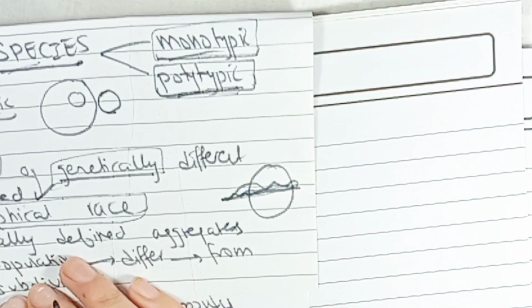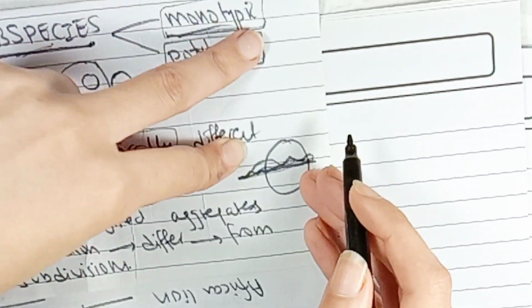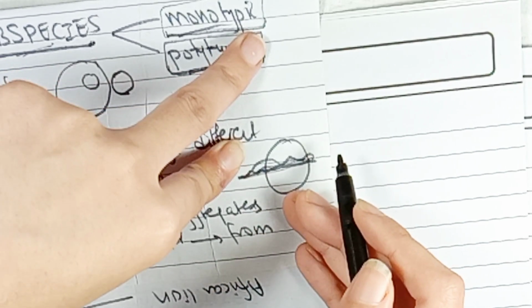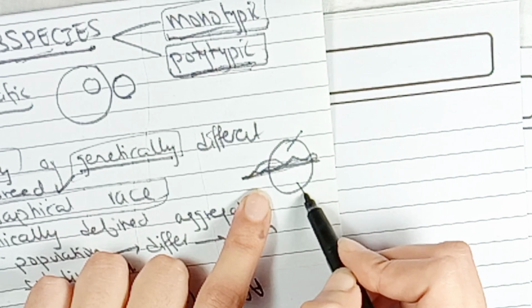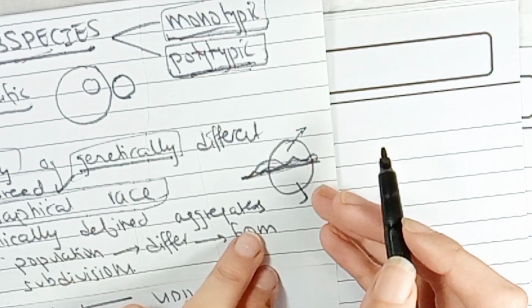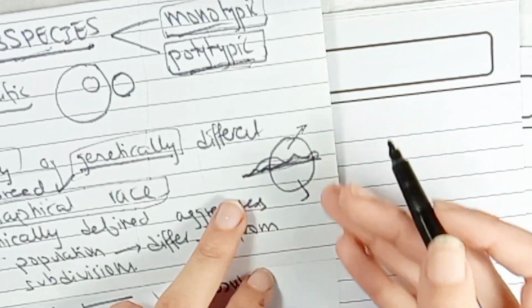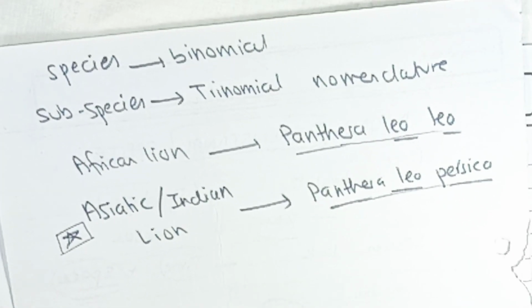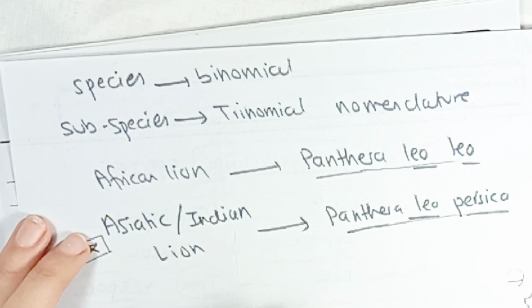So geographically defined aggregates of local populations which differ from other such subdivisions of the species. When these geographic isolates become different from the local populations, they are known as the subspecies. Hence, we say that subspecies are the geographically defined aggregates of local populations which are different from the other subdivisions of the species.